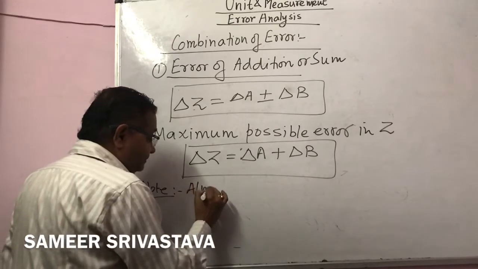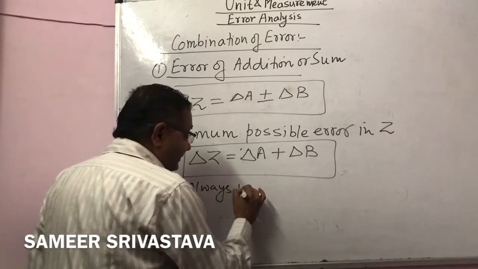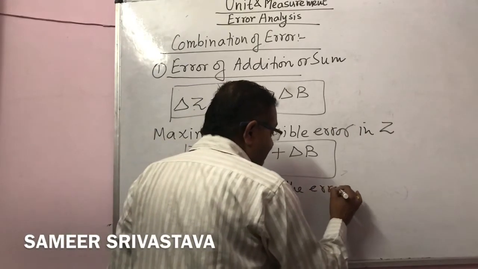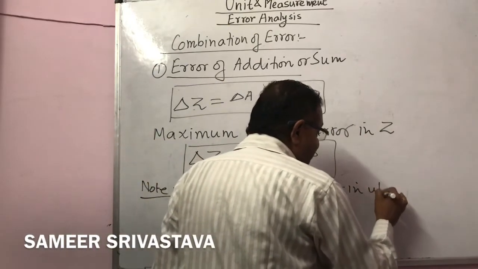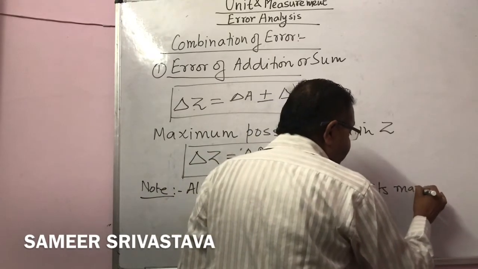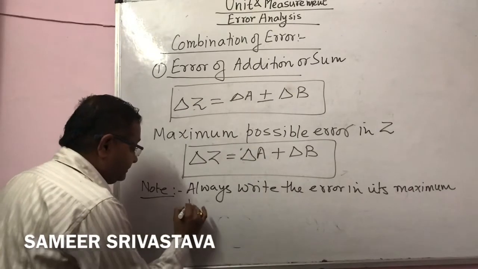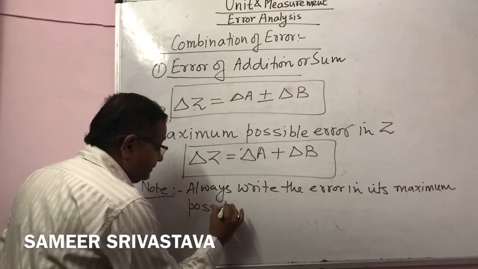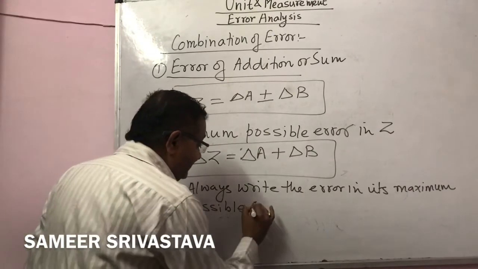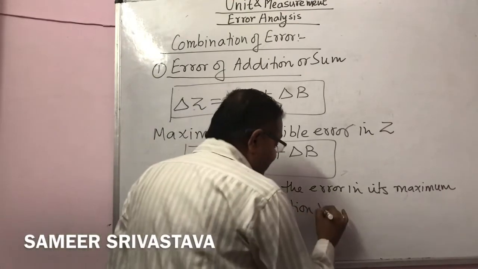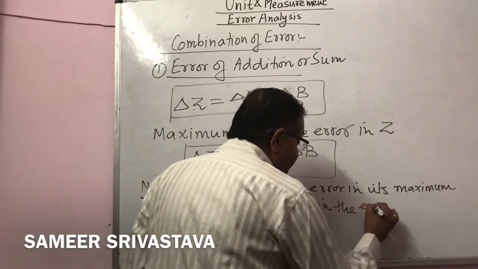So the note point is: always write the error in its maximum possible condition in the expression.